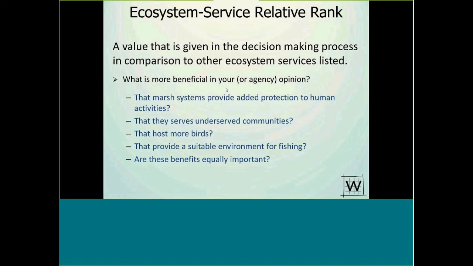So the next thing that we did, now we have the relative ecosystem services for each of these parcels. We ranked those, and this is a value where you basically say, okay, maybe I'm an agency that is interested in human-centered benefits, so I'm going to weight those as twice as important, or give zero weight to some of these others.